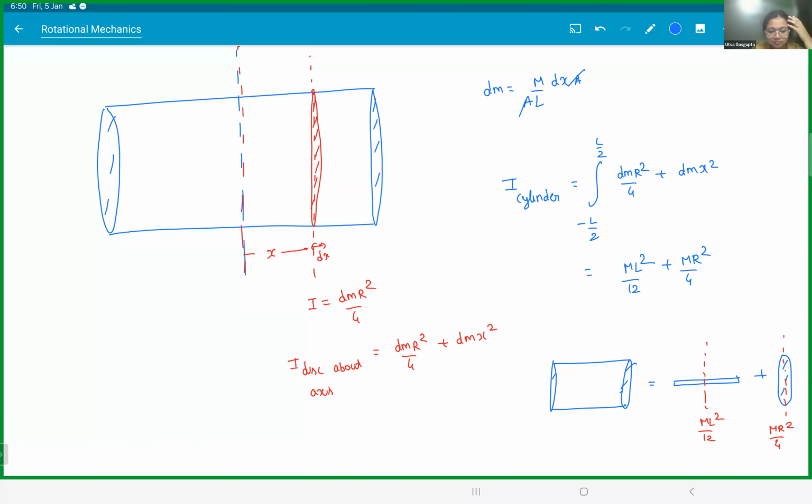A gets cancelled anyway, it doesn't matter. Fair enough, so I'll write it down for you. See, m by pi r square L, mass by volume, times pi r square dx, gives m by L dx. Because when you take an element, all the elements have the same area, right? So it doesn't matter. Clear, everyone?